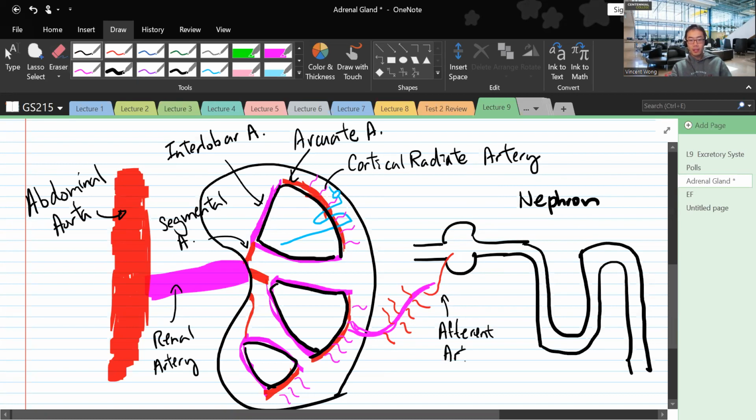So the cortical radiate artery, the CRA, is coming off from the cortex into the cortex, and on the CRA you would have all these afferent arterioles. Each of those afferent arterioles will feed into the Bowman's capsule of the nephron.